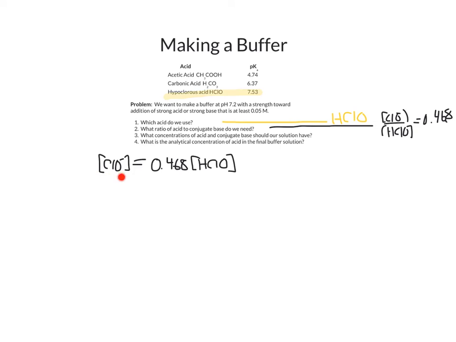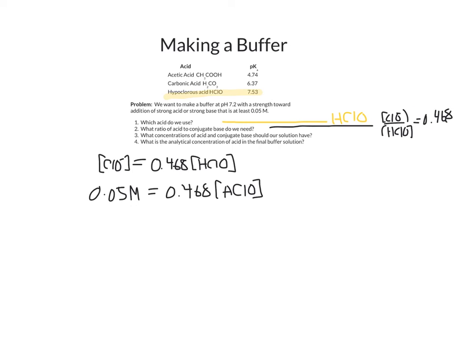So I should have at least 0.05 molar of the conjugate base, and then I can have more conjugate acid to make sure that my ratio is 0.468. And so I'm going to set my conjugate base concentration to 0.05 molar because I need to have at least that much in solution. And that's going to be equal to 0.468 times the conjugate acid concentration because I need to maintain that ratio of 0.468.